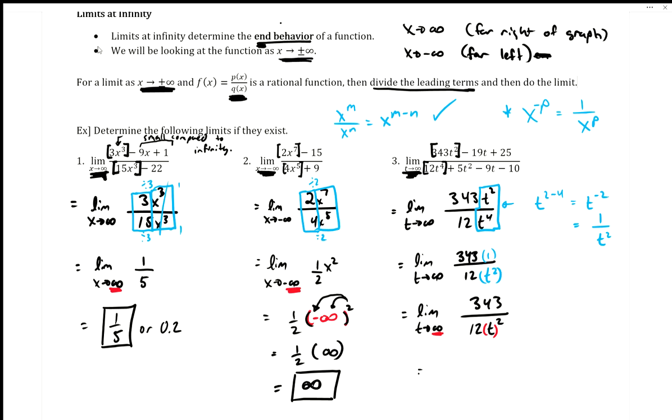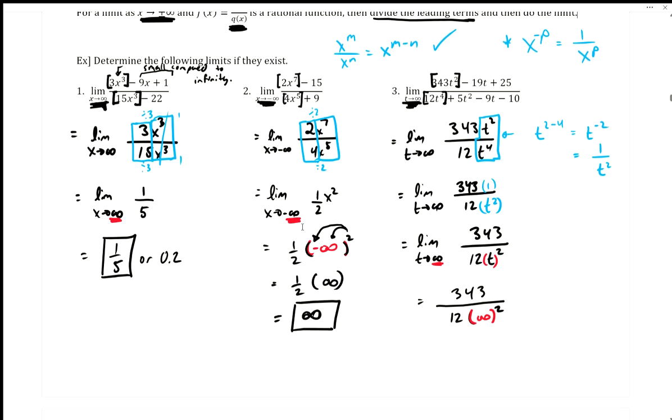So this becomes 343 over 12 times, okay, and then infinity, and then it's still getting squared, like that.